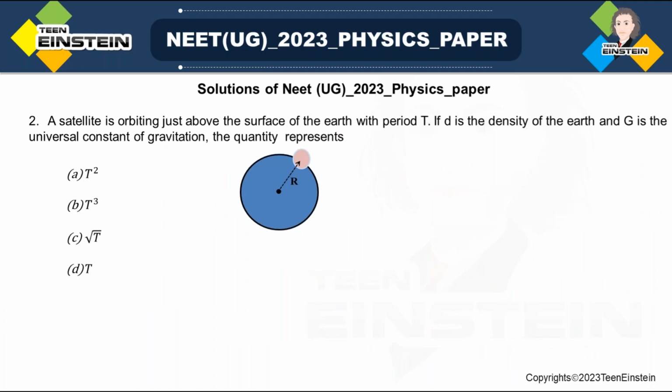So this is also a very interesting problem and easy also. A satellite is orbiting just above the surface of the Earth with period t.